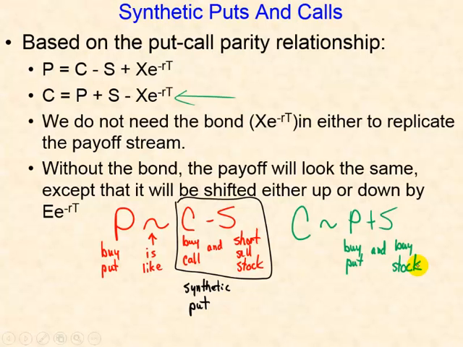We have something that behaves just like a call option. So the right-hand side of our equation is a synthetic call. If we buy a put option and we buy the stock the put option is written on, then we have a synthetic call option.